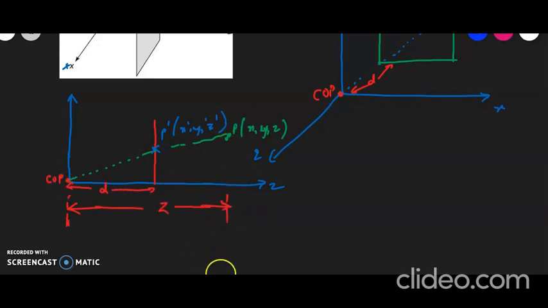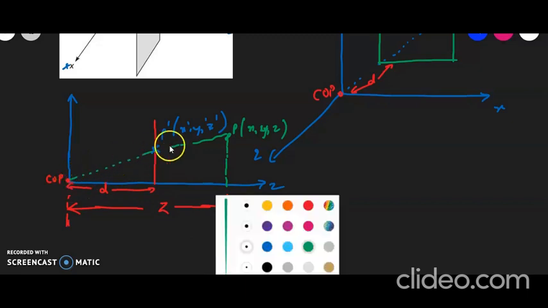So now one modification that we are going to do is, we are just going to connect these dots and form a triangle, right? So I've got two triangles here. One is the green triangle, right? And another one is the red triangle, right? So the first one is the green triangle, that is with the green dots out here, right? And the second one is the red triangle, that is with the view plane and the distance into consideration.